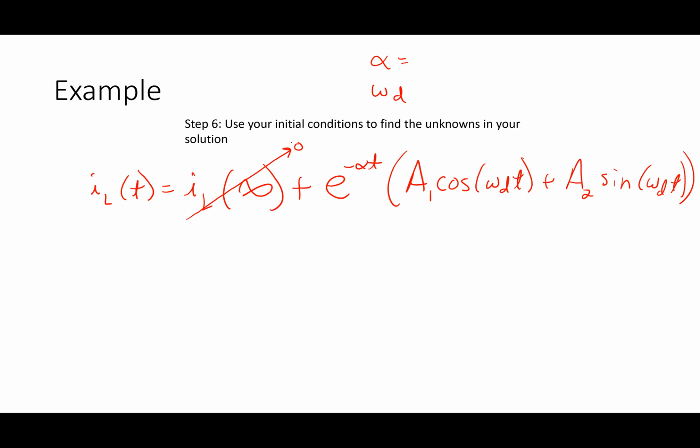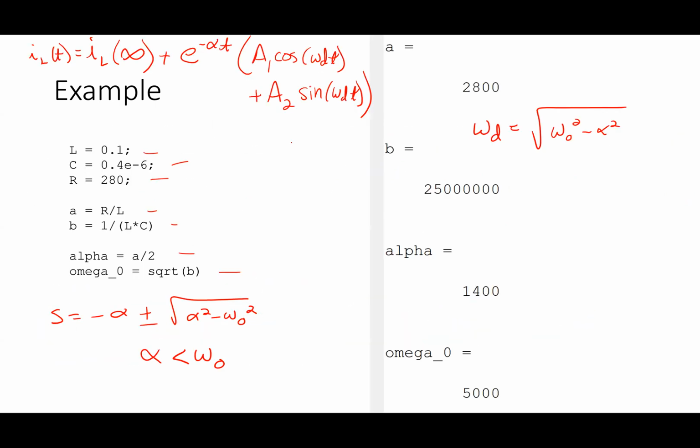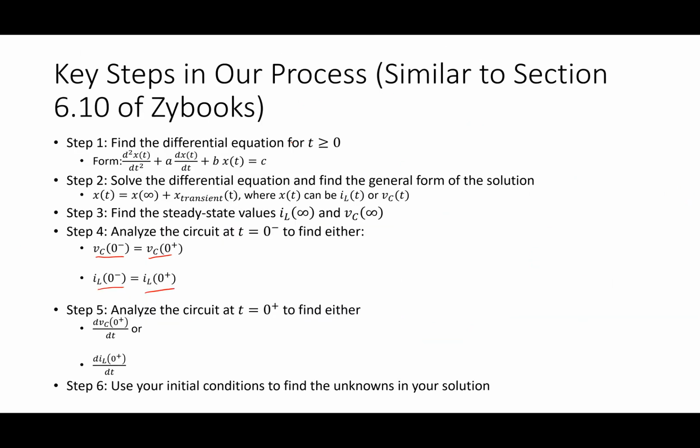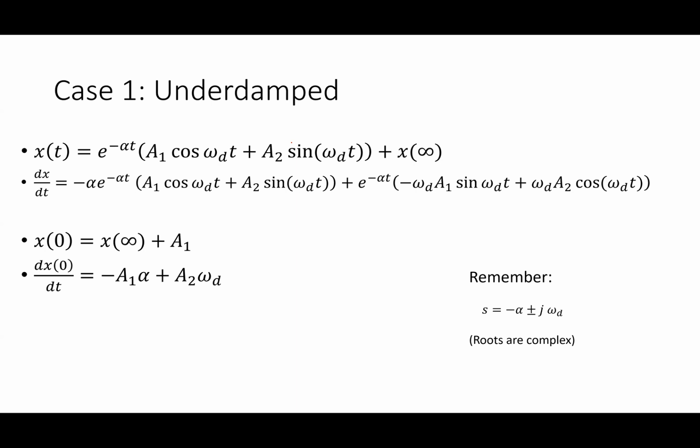A1 and A2. I gave you this general form to solve for. For the underdamped case, I get these results. X of 0 is equal to the steady state value plus A1. The derivative at 0 is equal to that whole thing.